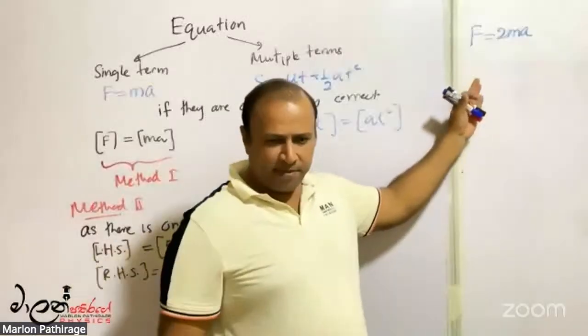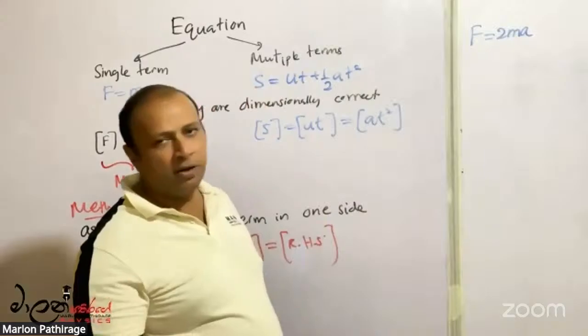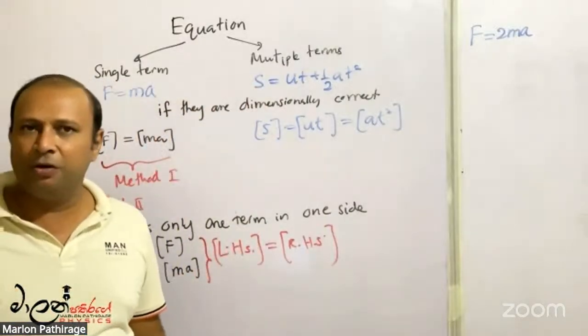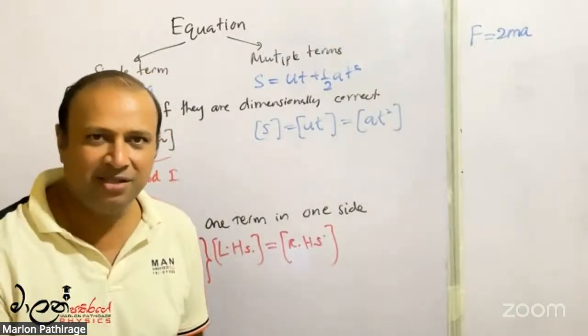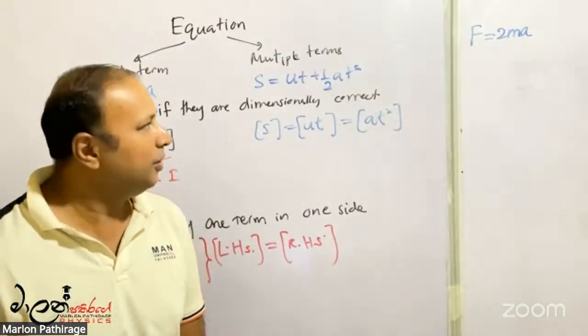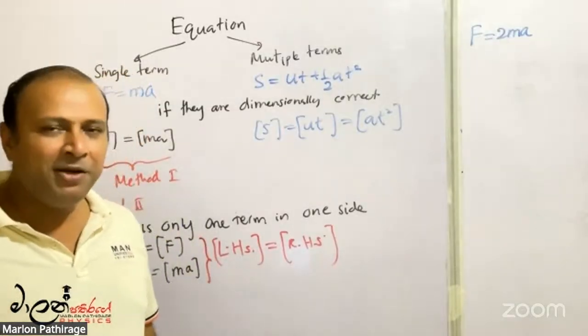You know this equation is not correct, no? This is incorrect. Actually, you know F is equal to MA, and no need to worry about the accuracy. This is an incorrect equation. But look into the dimensions.